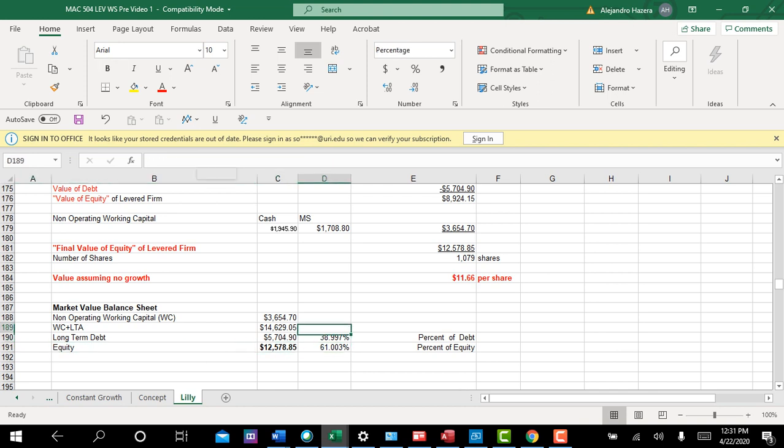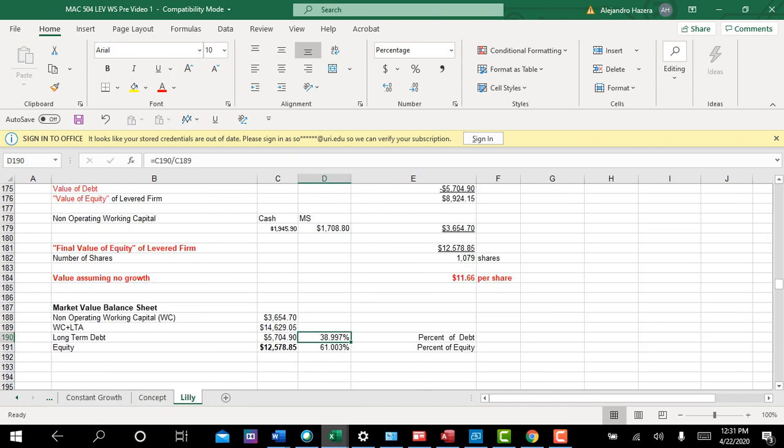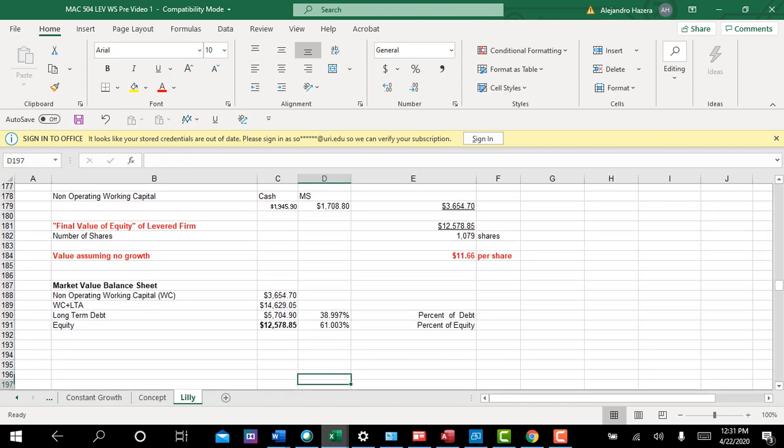So we're saying that our firm is basically financed with 39% debt, 40% equity, and we're going back to this original concept right here that we're going from a non-levered firm to one in which some, in this case 60%, is funded by debt and 40% is funded by equity. I'll take another look at this calculation in the next part of the video.